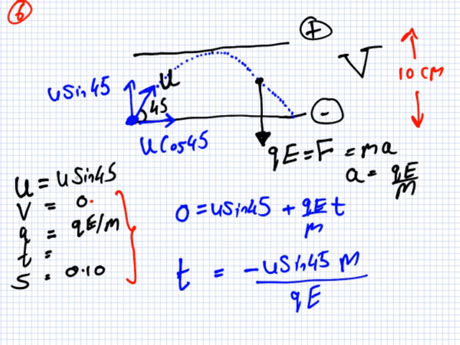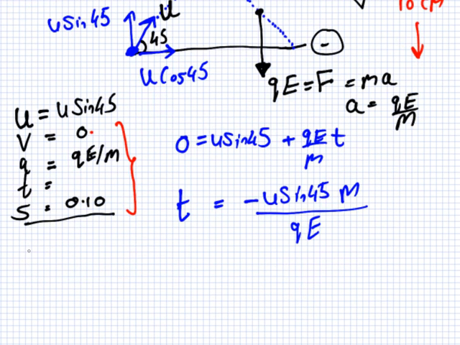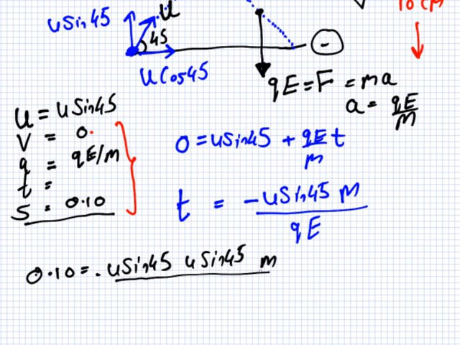Now, you know that the distance it travels must be 0.10. So you can now say s equals ut plus a half a t squared.